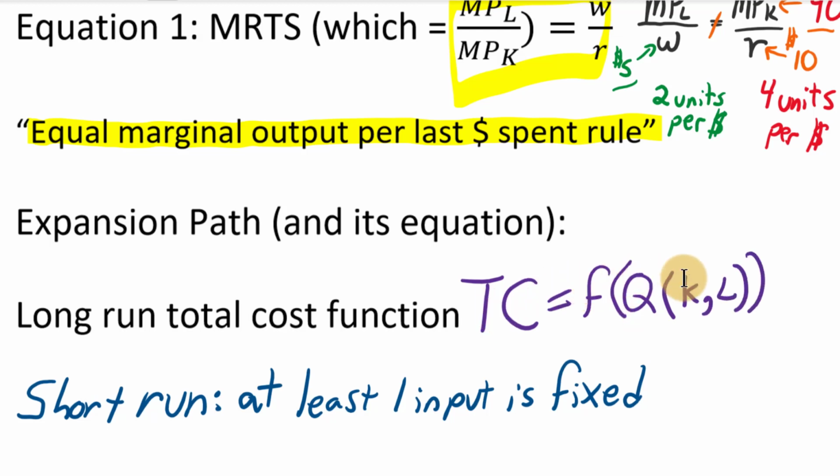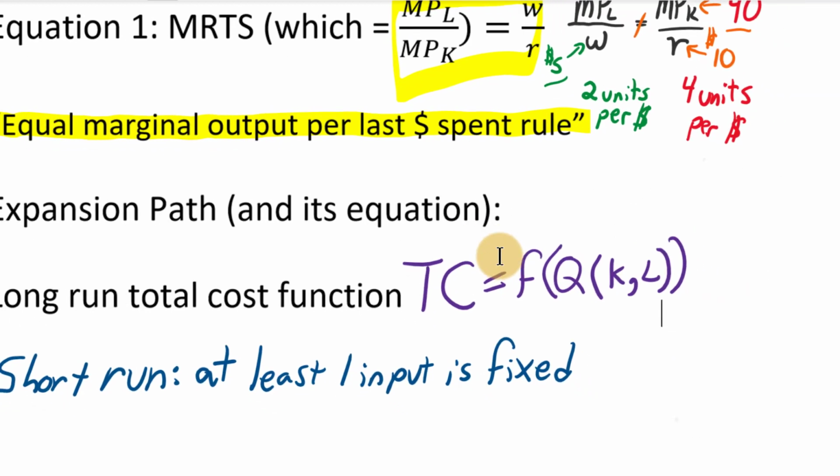This mathematical jargon is just a way of saying that in the long run, capital and labor are both variable, and as we vary capital and labor, they cause quantity of output to change, and as those things change, that affects our total cost.